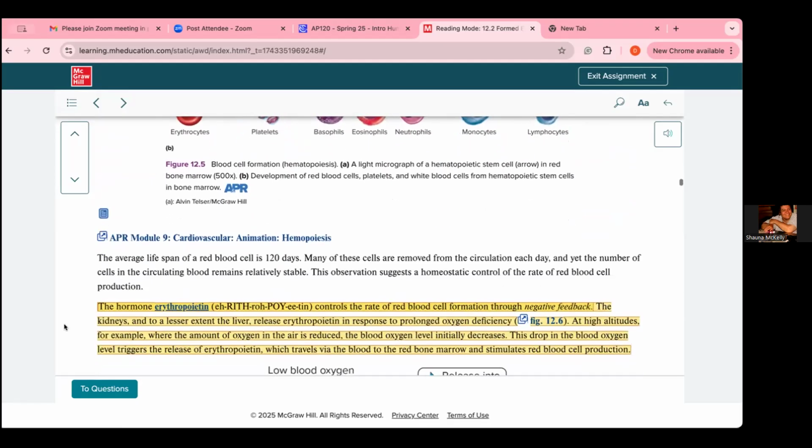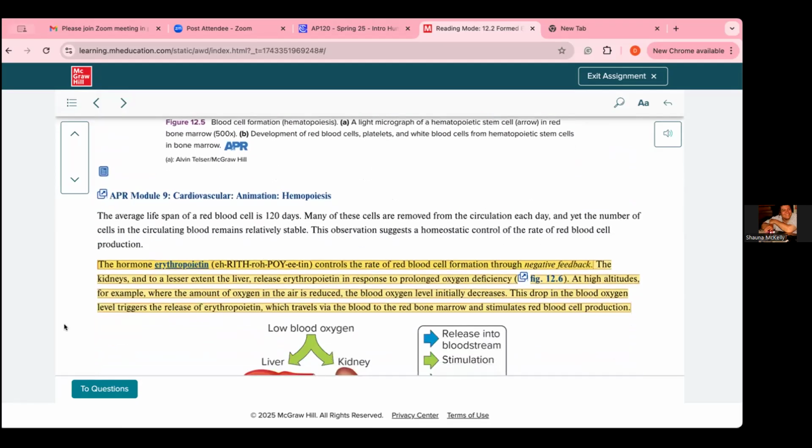The average lifespan of a red blood cell is 120 days. Many of these cells are removed from circulation each day, and yet the number of cells in the circulating blood remains relatively stable. This observation suggests a homeostatic control of the rate of red blood cell production.